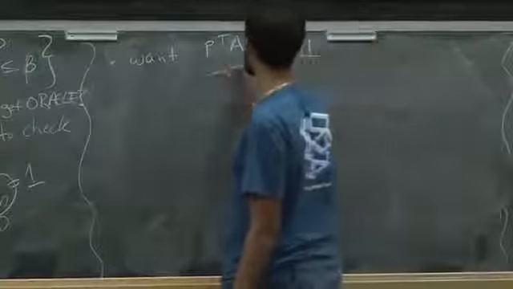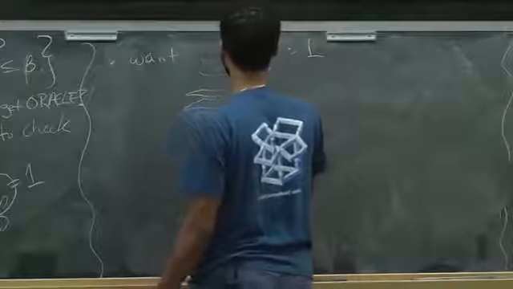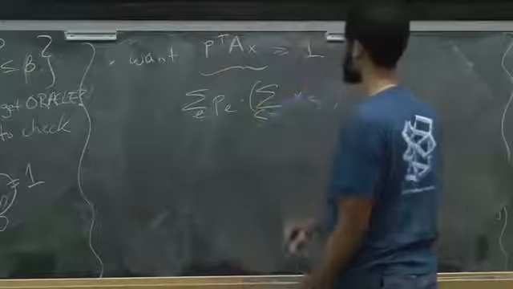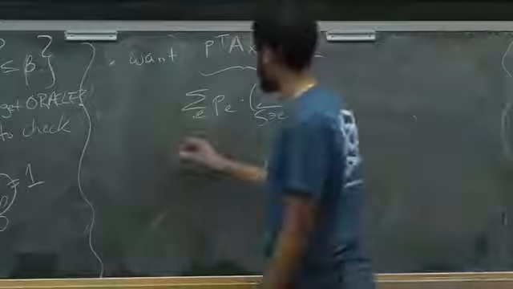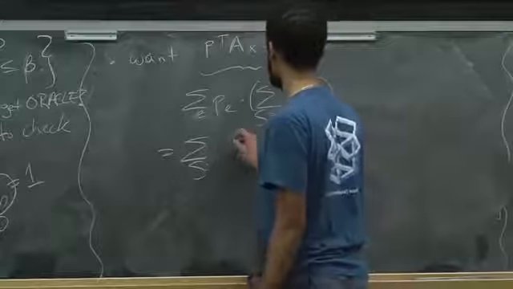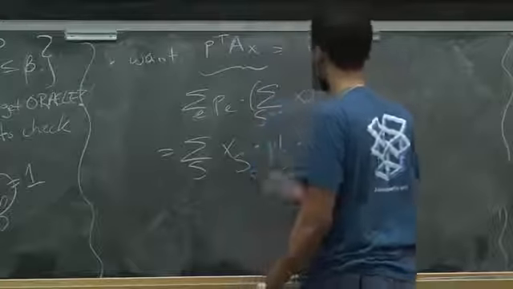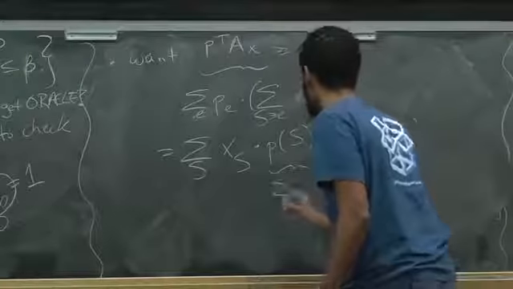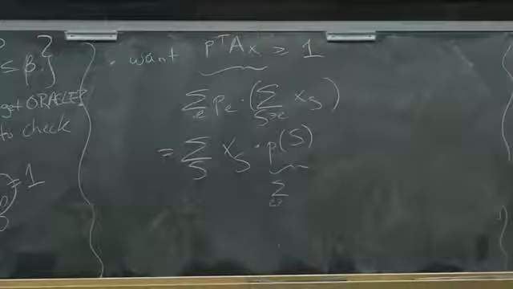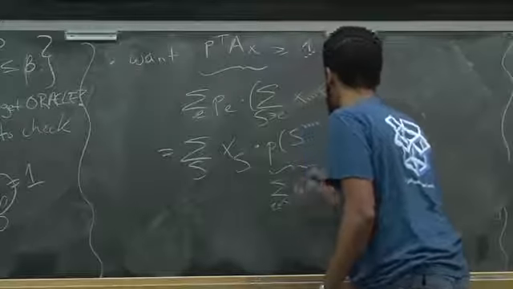Well, let's just write this out. This is equal to the sum over all e, p_e, times the sum over all S's containing e of x_S. And we can write this as the sum over all S's of x_S times what I'll call p of S, where this is just the sum over e's in S of p_e.